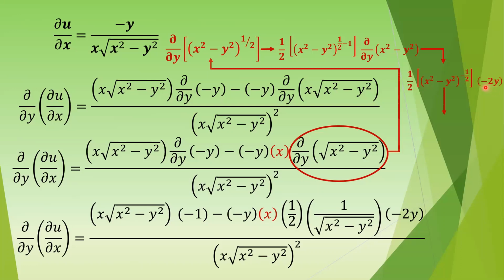Or, we will have 1/2. So, para ito maging positive, reciprocal natin, 1 over x squared minus y squared raised to positive 1/2 times negative 2y. Kaya tayo merong ganitong nakuha sagot. 1/2, 1 over, yung 1/2 pwedeng gawing square root of x squared minus y squared times negative 2y.